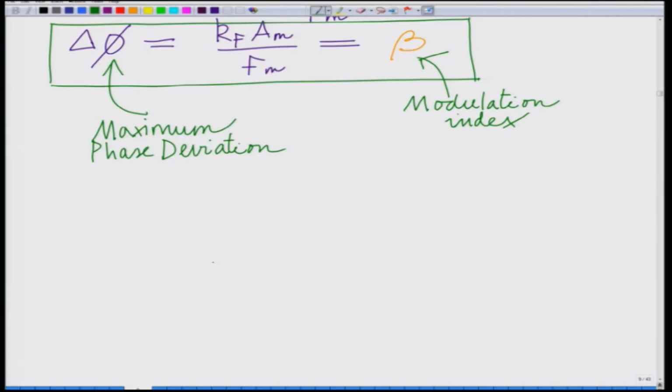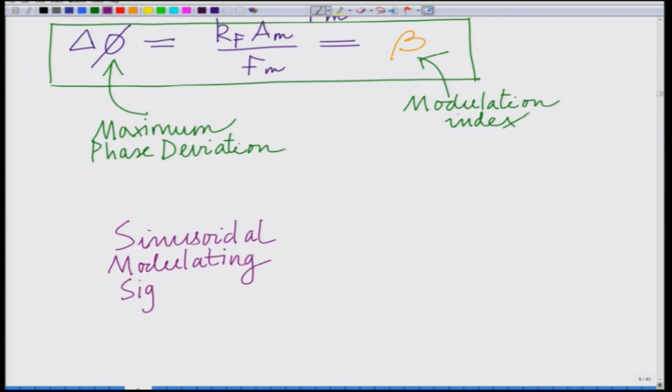Okay. So, we have looked at both phase modulation and frequency modulation with a sinusoidal modulating signal m(t).